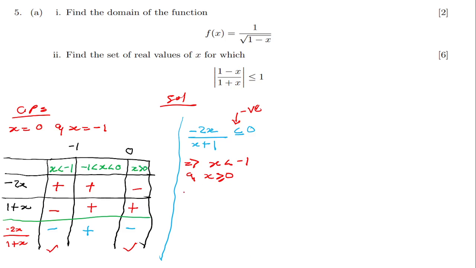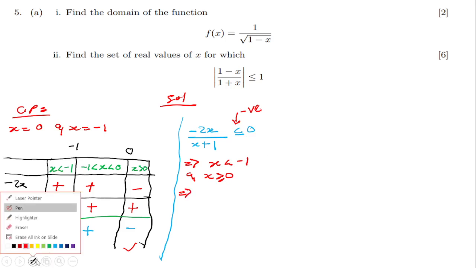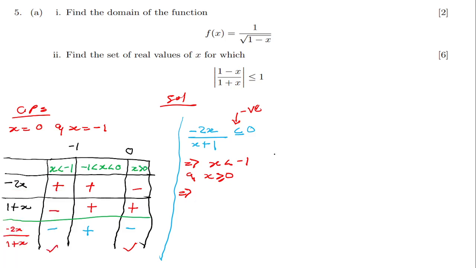The first solution will simply mean that I'll express it in set notation. So this is the same as open bracket -∞, -1, and then this one will be a block bracket 0, +∞, open bracket.